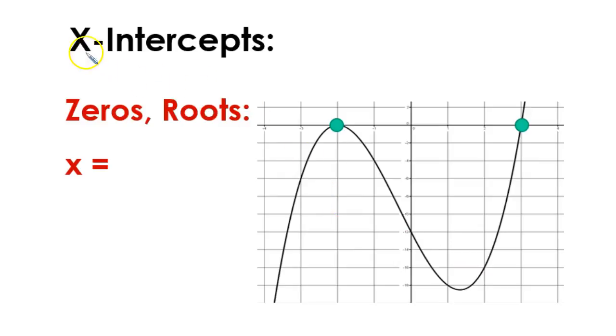Here we have x-intercepts. Now, I want you to pay attention to this. Do you see this bounce here? This bounce indicates what we call a double root. And what a double root means is that algebraically, if we were to solve this problem, a double zero, a double root, it would be a solution 2 times.